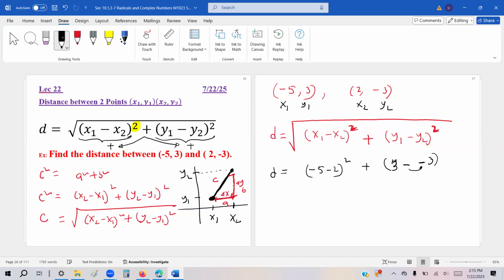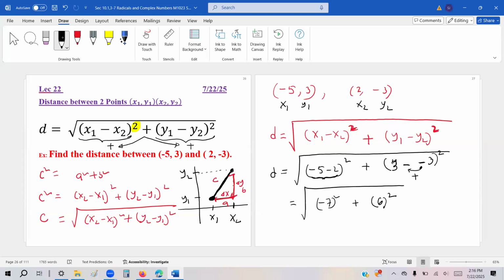And what happens to the double negative? Turns into positive. So -5 minus 2. How much do we get from here? -7. And then we have 3 plus 3. 6.